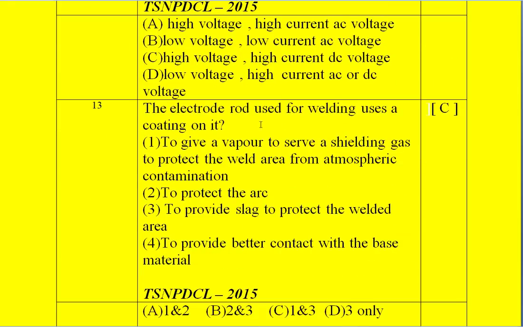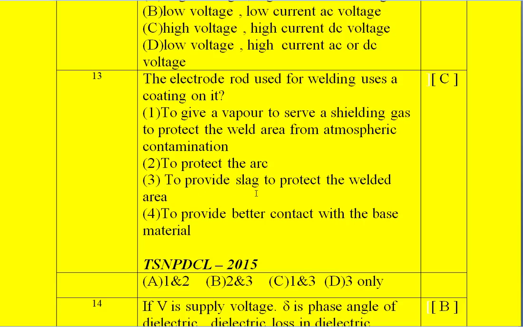Next, the electrode rod used for welding uses a coating on it. A, one is to give a vapor to serve as shielding gas to protect the weld area from atmospheric contamination. Second is to protect the arc.